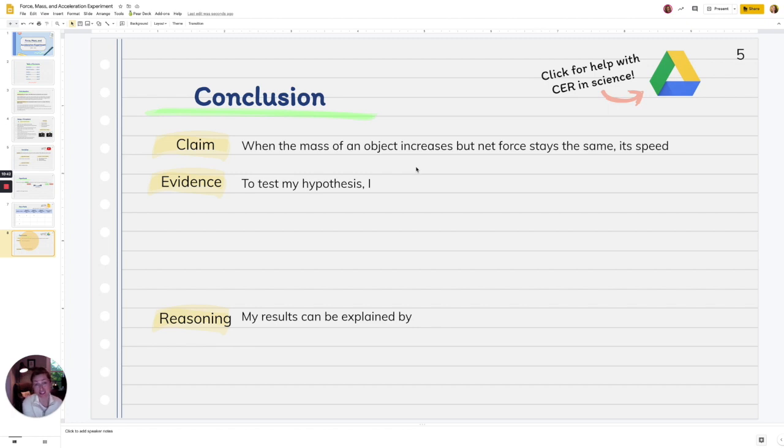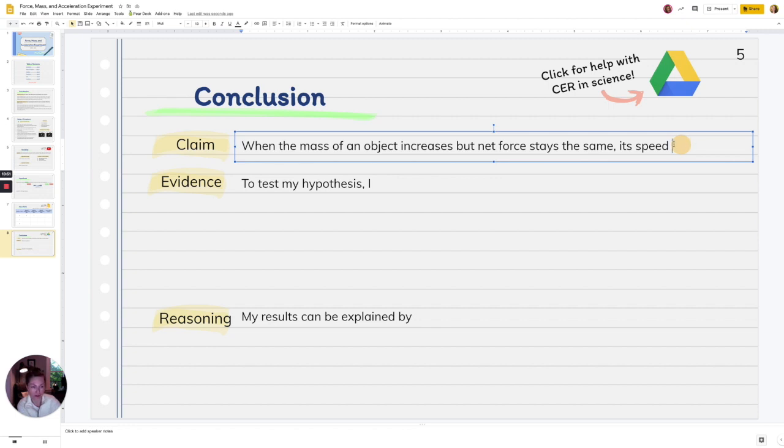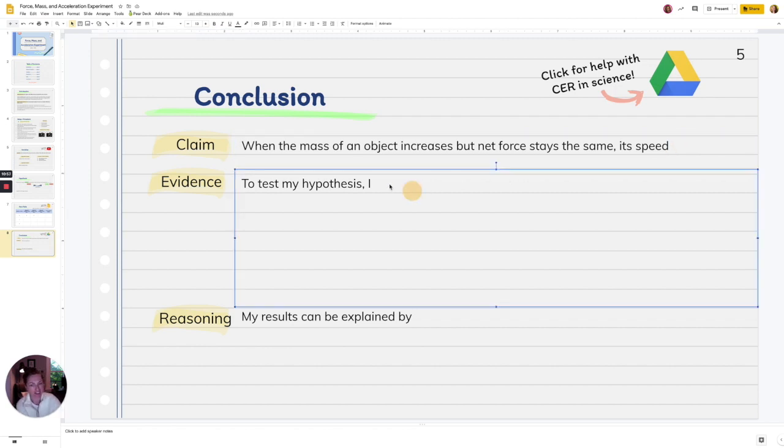And the last part of this experiment is writing up your conclusion as claim, evidence, and reasoning. You can rewrite the claim or just throw in an ending down here of saying whether the speed increased or decreased after all. For evidence, I want you to start off with one sentence that describes how this experiment worked.